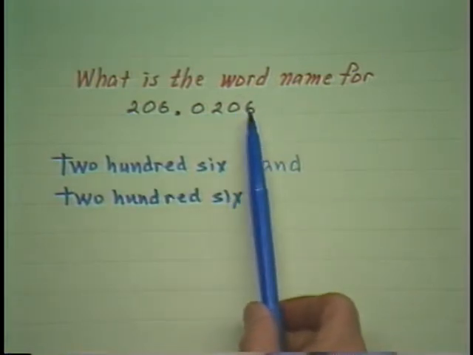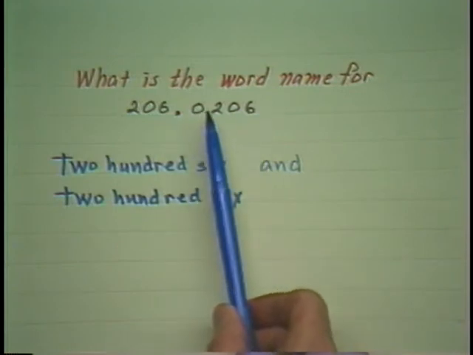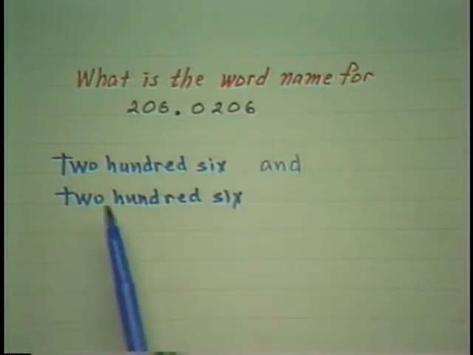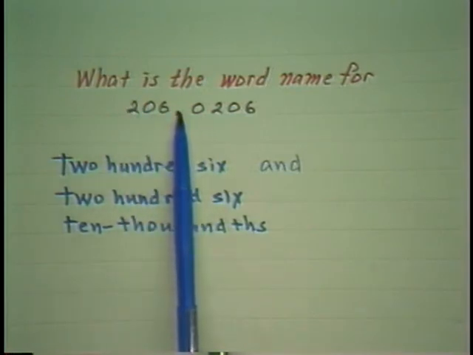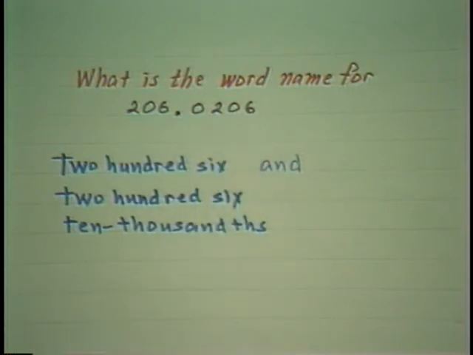And now we name this rightmost digit's place, tenth, hundredth, thousandth, 10,000ths. So 206 10,000th.